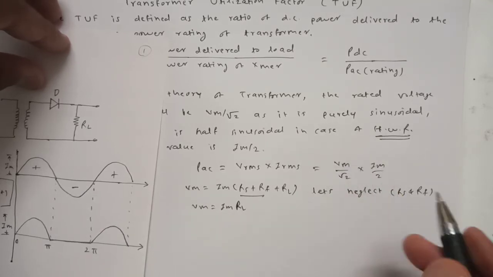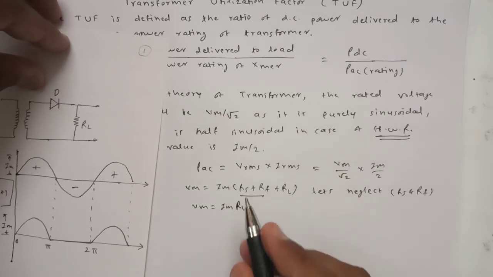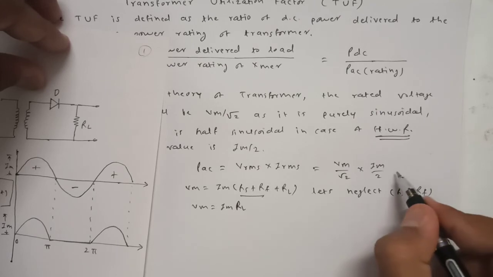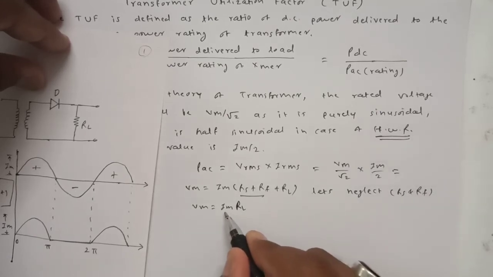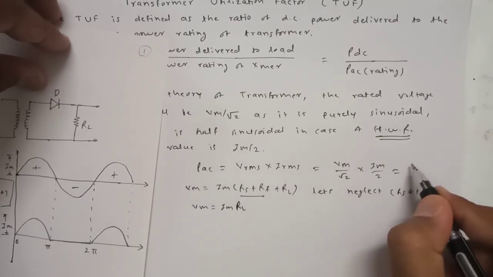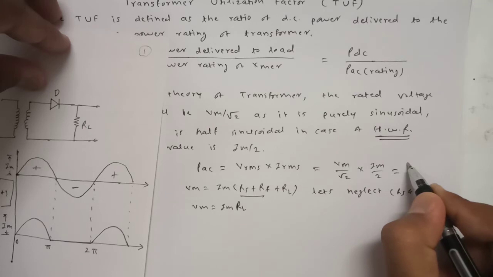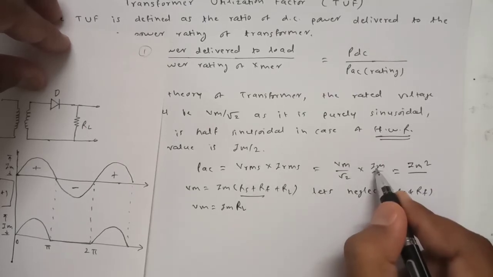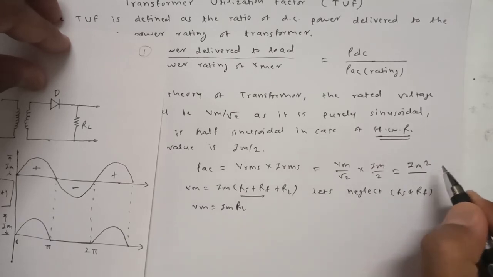So due to this, what will I be getting? I will be getting PAC. Instead of Vm I am putting Im into RL, and solving this completely, what equation am I getting? I am remaining here with Im square, because of this Im and this Im, and this RL I will be writing here.